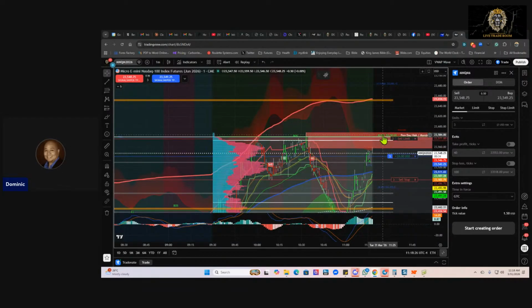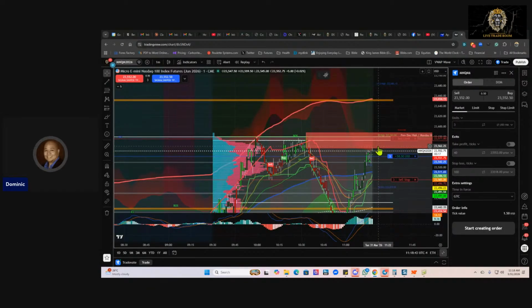So here, we're kind of pulling down because we have a liquidity zone there. But this is another risk that I'm taking right here, trying to get the IB high.